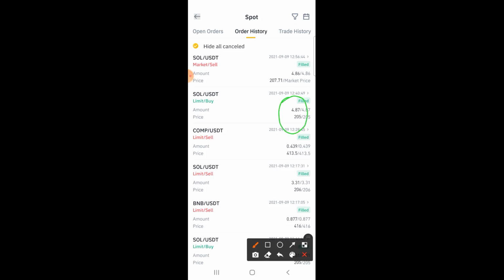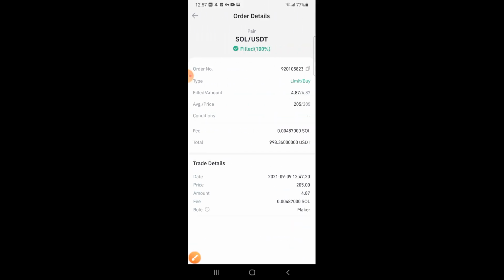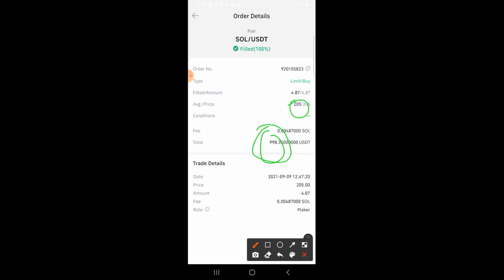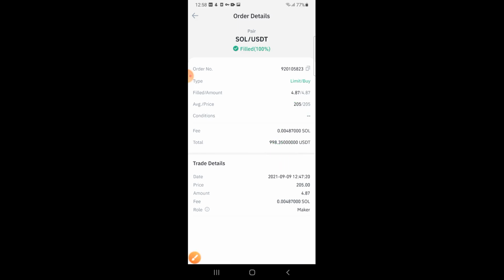My buy rate is what? 998 USDT at $205. But my profit is approximately 11 USDT, because my buy price total amount is 998.